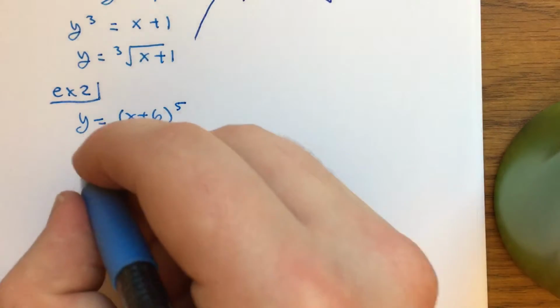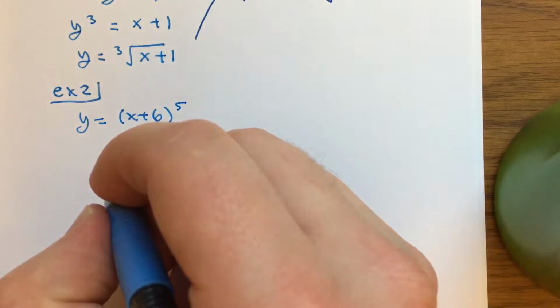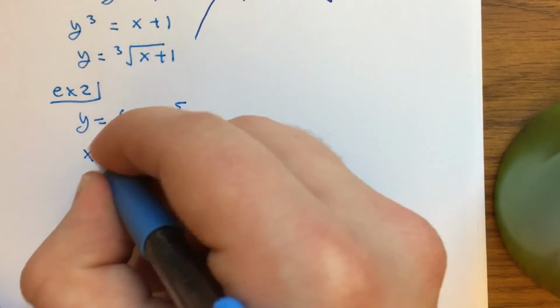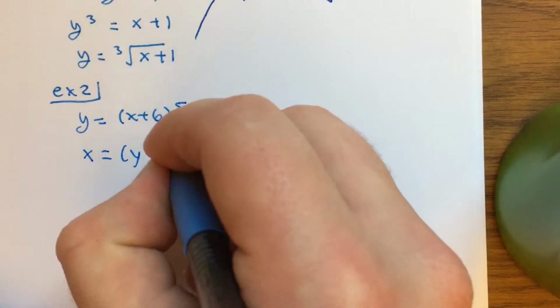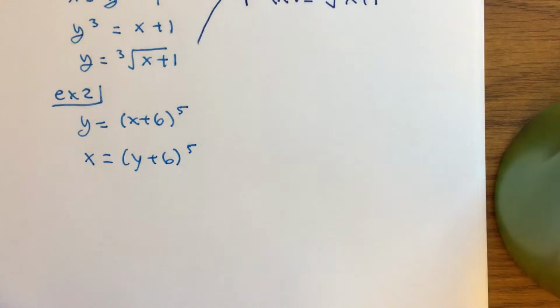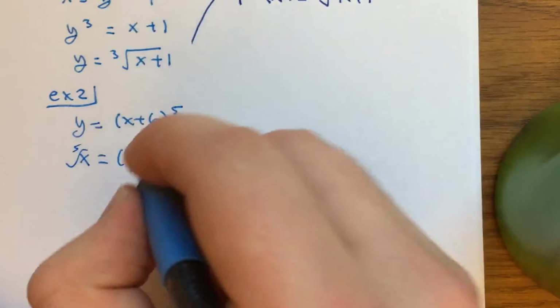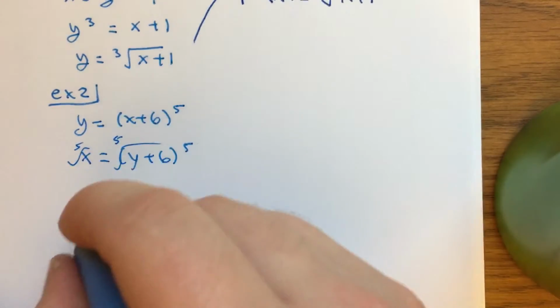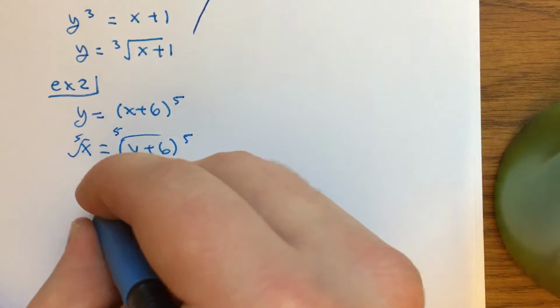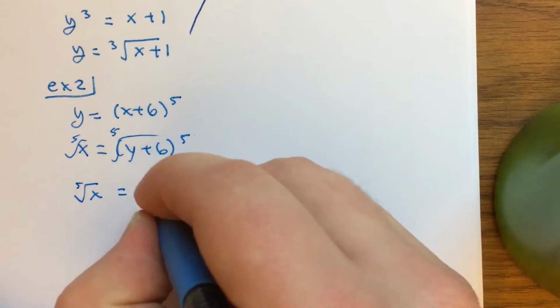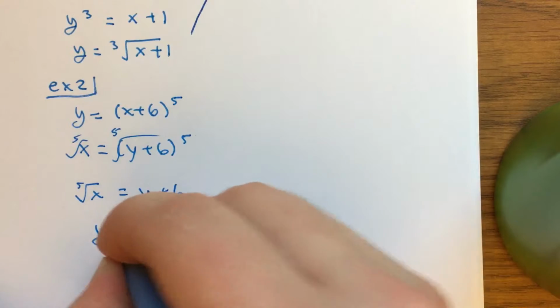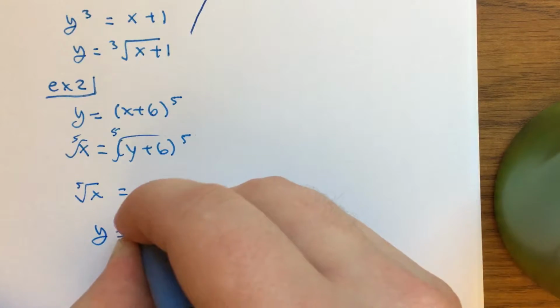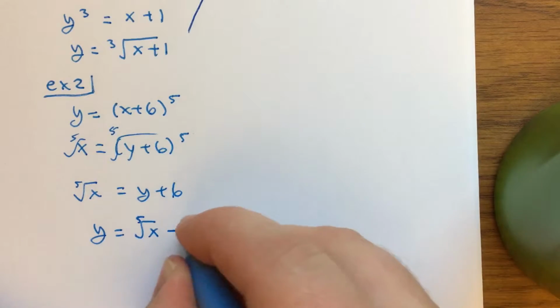Okay, so we're going to exchange the x and the y, that's the first step. x is equal to y plus 6 to the 5th. I'm going to take the 5th root of both sides, and we're going to get the 5th root of x is equal to y plus 6. And then y is equal to the 5th root of x minus 6.